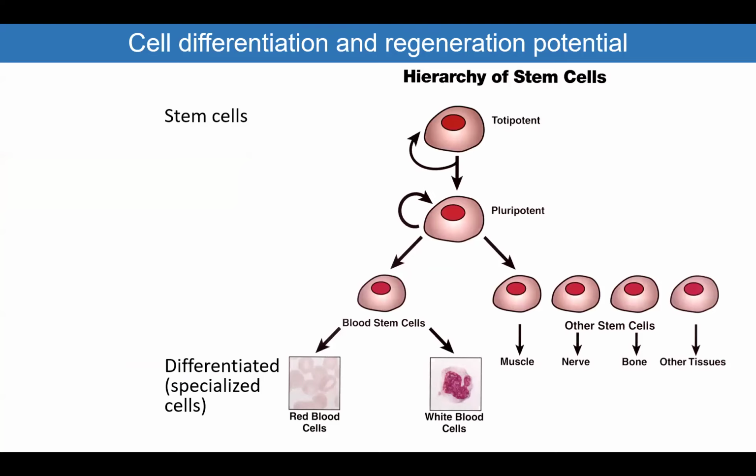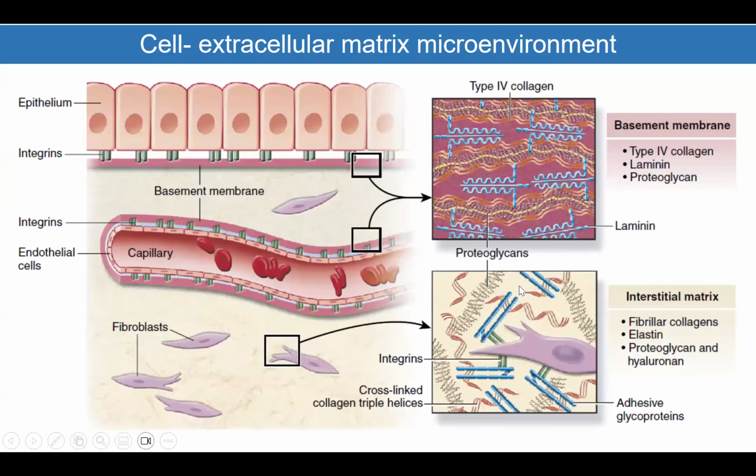So just in case you don't have a good background about cell differentiation and regeneration, I posted this figure here to let you know the difference between totipotent, pluripotent, and differentiated cells. So any of the cells that we described here, epithelium, endothelium, and fibroblasts, these are differentiated cells.